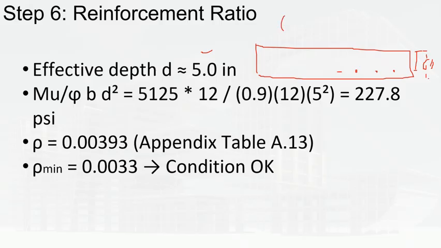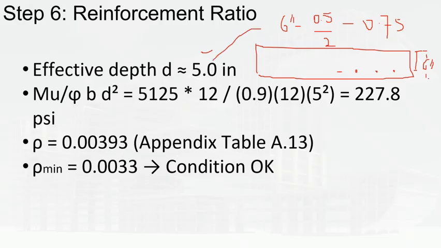So let's say height was 6 inches, and let's say I'm using a number 4 bar. For a number 4 bar, the diameter is 0.5, so 0.5 divided by 2, minus the clear cover. There has to be a clear cover as well, which is 0.75. Now if you calculate that, you will get 5 inches.